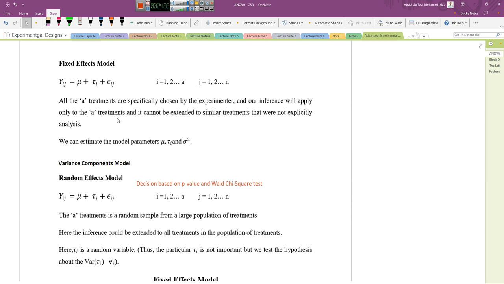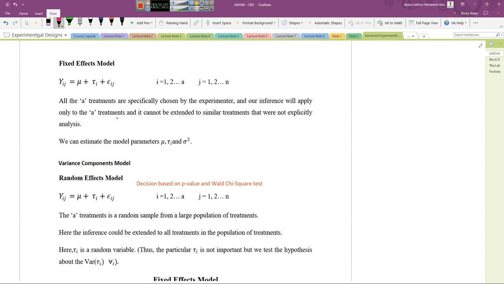In the fixed effect model, that's what we are going to discuss under this topic. But a random effect model is also there. Since we are going to construct this ANOVA table, we will be focusing on the F value. In the fixed effect model only we will compare the F value, but in the random effect model we will have to compare the Wald chi-square test, but we are not going to talk about this for now.